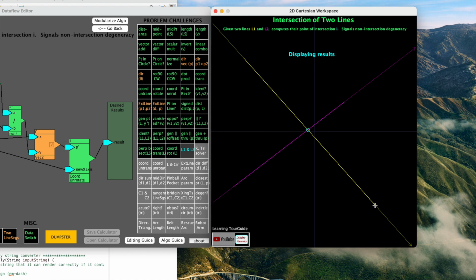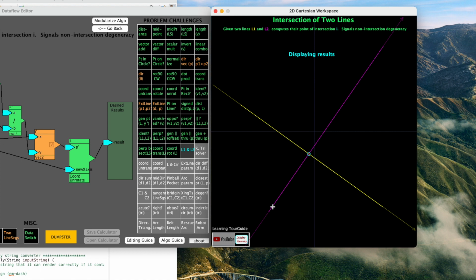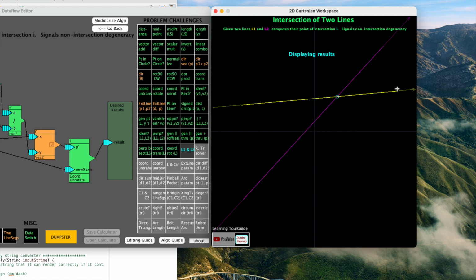Not only diving into the theory of how you would compute the intersection of two extended lines represented the way we're doing it with orientations and locations, but just also the data flow was fairly involved just to get all the parts in there working in the data flow.